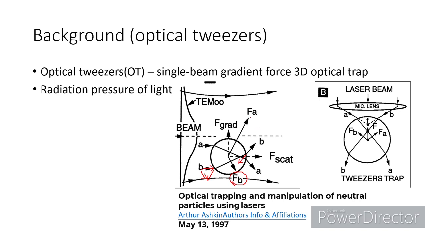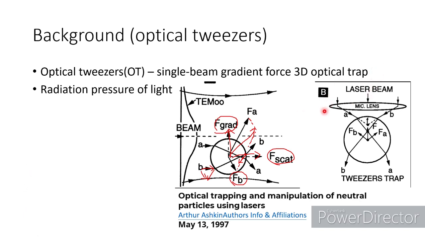We will have the direction of this, which has the direction of the F gradient and the direction of the F scattering. So these forces FA and FB will take this particle to this direction.